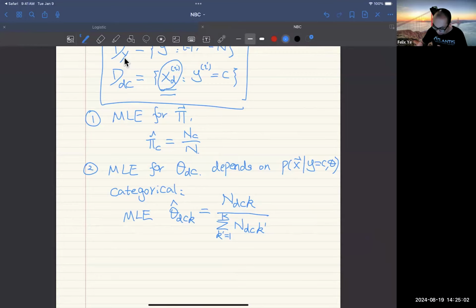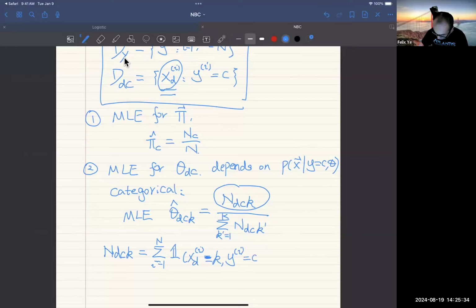All right. So right here, this NDCK is basically the sum over all the examples from 1 to N of the indicator function that my xdi equals K and my yi equals C. So you basically sum over all possible values K from 1 to K, so you sum up over this index of xd.